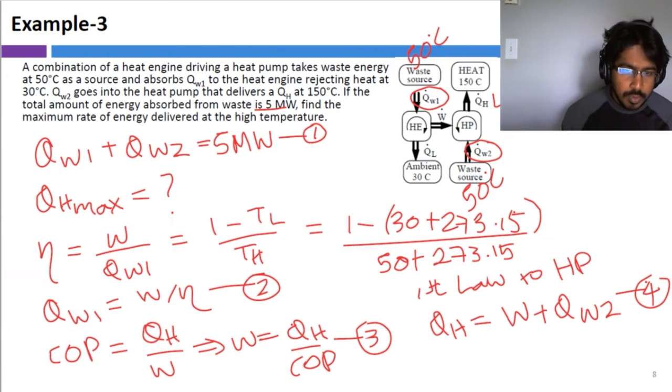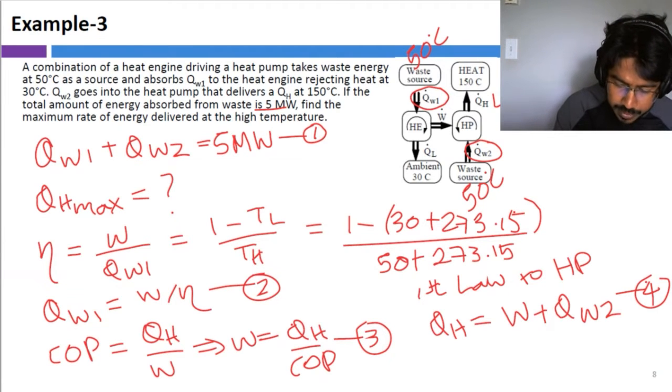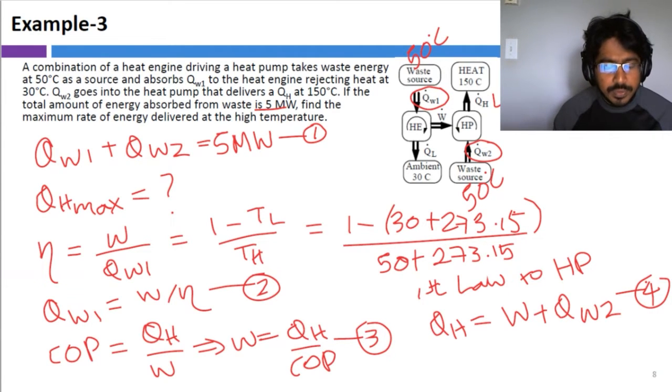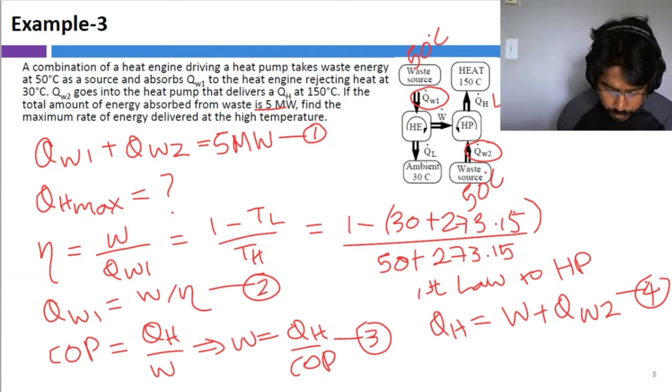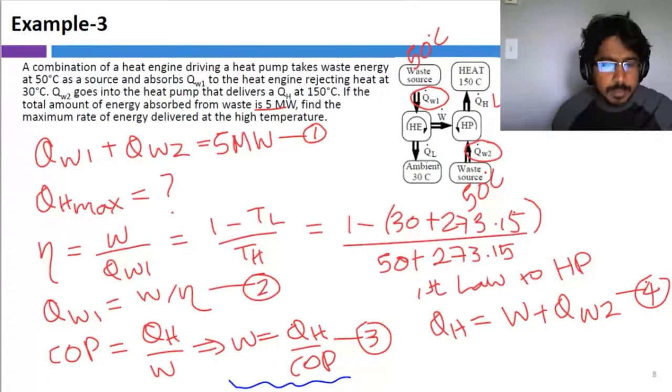Okay, so basically my solution process for this one, if I have this question and this set of equations in my hand, what I would do is substitute for W, because W is not something we are interested in. We don't know W, and at the same time we want to calculate QH.